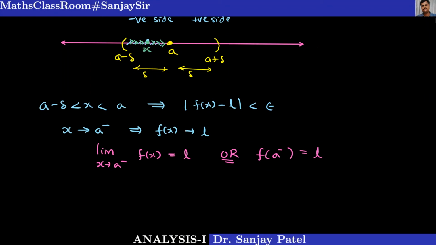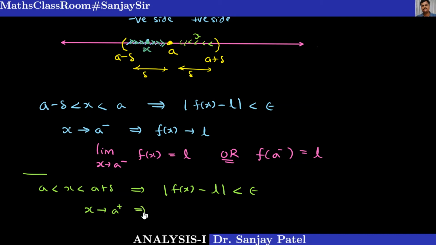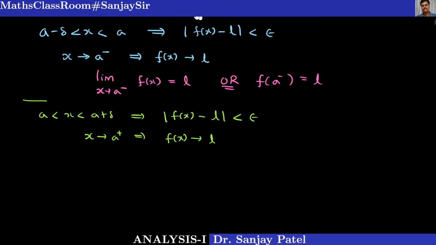Same way, if you have any value of x in the right hand side of a, by taking any x, if you get again the same situation true, that is, whenever a less than x less than a plus delta is given, again if we have only this mod of f(x) minus L less than epsilon, then we say that as x tends to a from the right hand side, that is a plus, the function f(x) goes to L or it approaches L. In this case L is called the right hand limit of the function f(x) at the point a, and it is again denoted by the symbol limit x tends to a plus f(x) is equal to L. Again remember that the plus sign indicates only the positive side or the right hand side. Another notation is f(a plus) is equal to L.